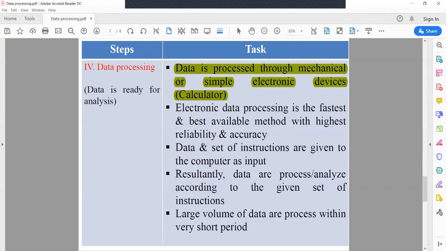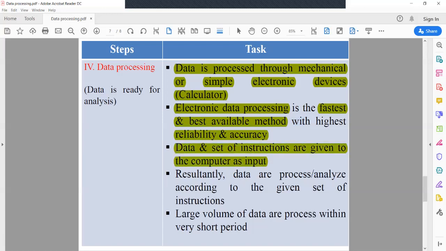But nowadays, electronic data processing is used for data analysis. This is the fastest and best available method with the highest reliability and accuracy. Data and a set of instructions are given to the computer as input for data analysis.